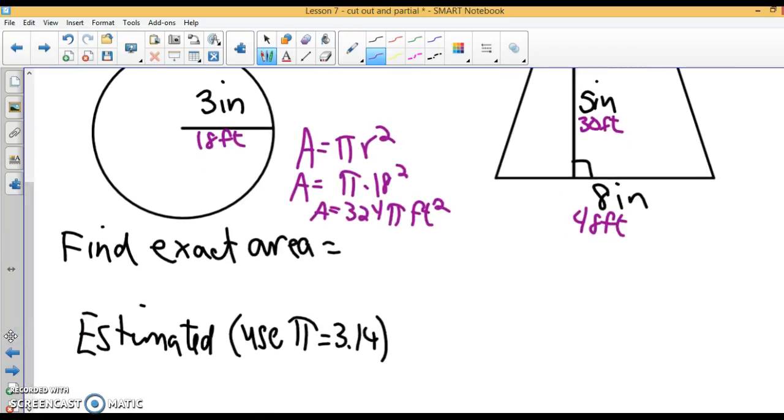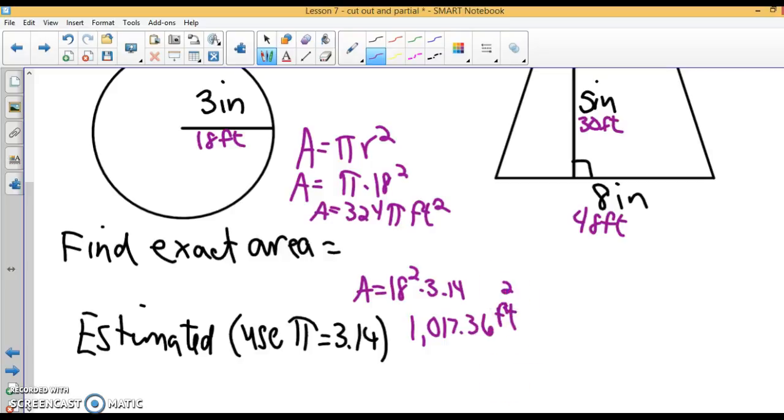If I estimate, I'm going to do area is 18 squared times 3.14. And what do I get for that? You get 1,017 and 3,600 square feet.